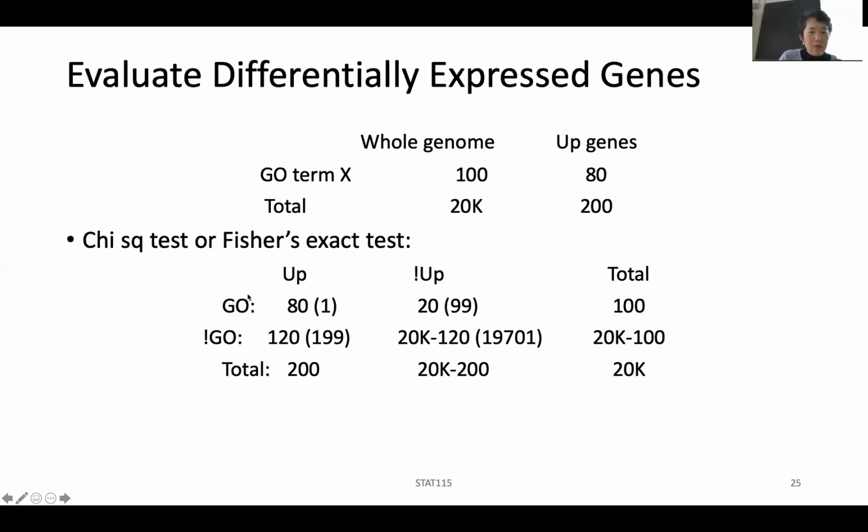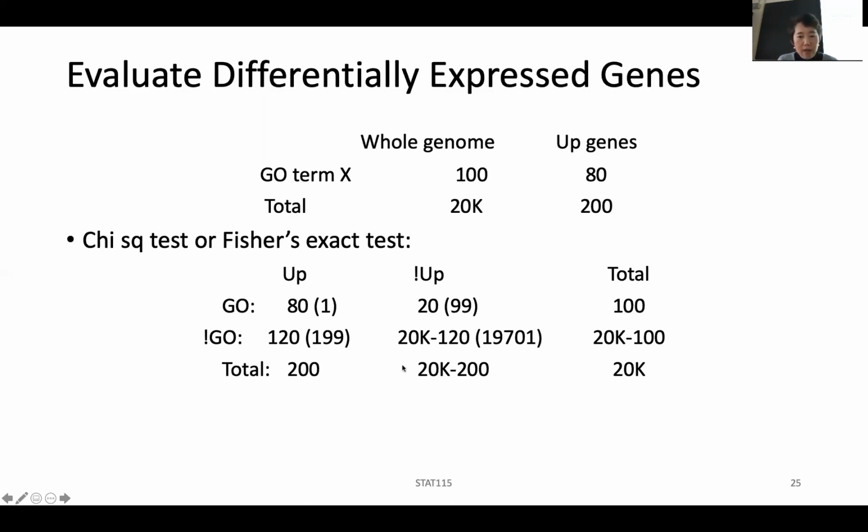But then if we look at how many genes in the genome are annotated with this gene ontology term, it is 100, but 80 of them are upregulated. We can calculate the expected number of upregulated genes that carry this gene term. That's calculated by the total number of genes with that gene ontology code multiplied by the total number of upregulated genes divided by the total genes.